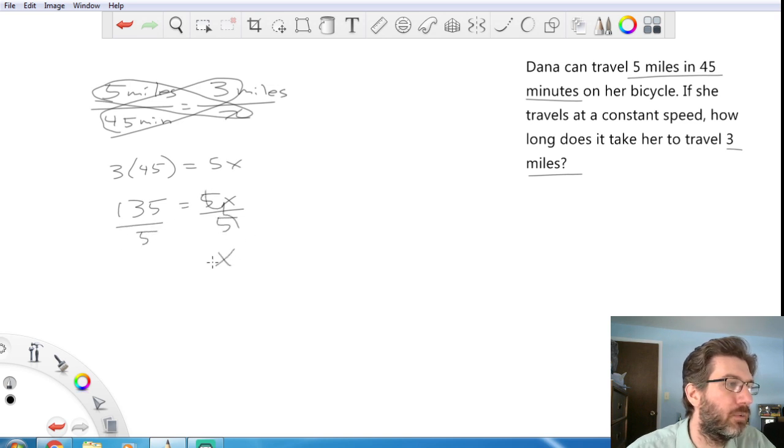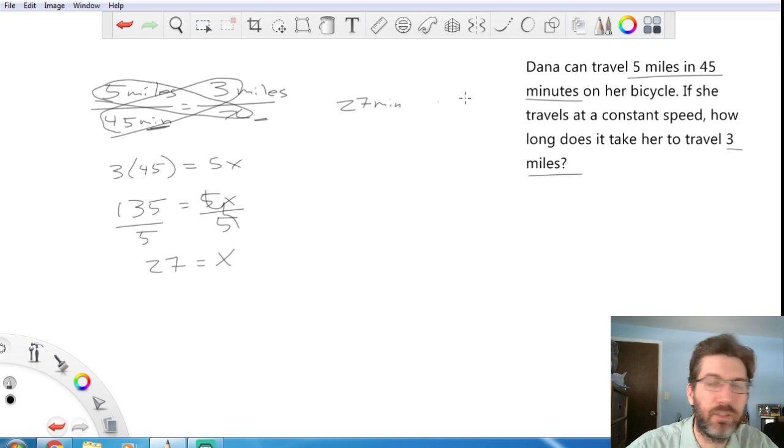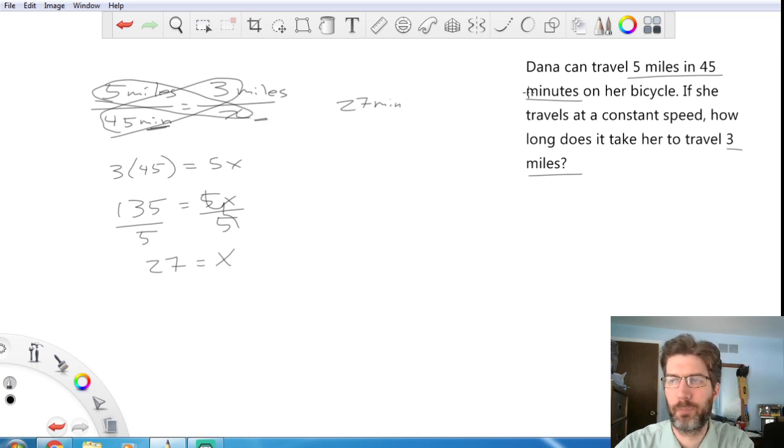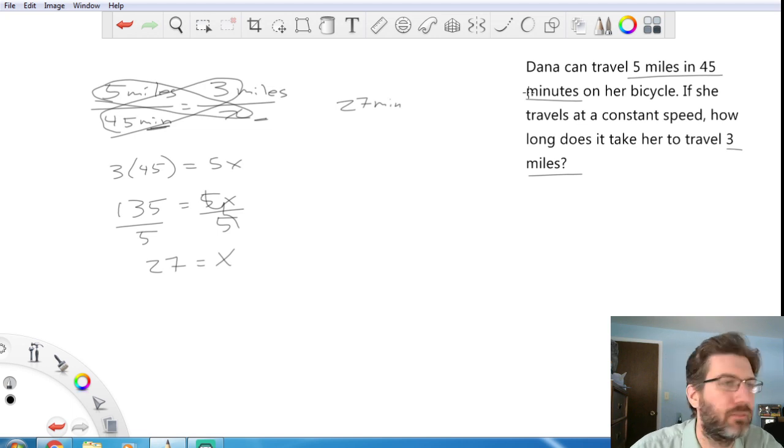That cancels, leaves you with x. And this gives you 27, because 135 divided by 5 is 27. So here you're getting 27 minutes, because this should be minutes. So hopefully that clears things up. Lyra, you might want to check your division. If you're getting 17, you might have forgotten a place value there.